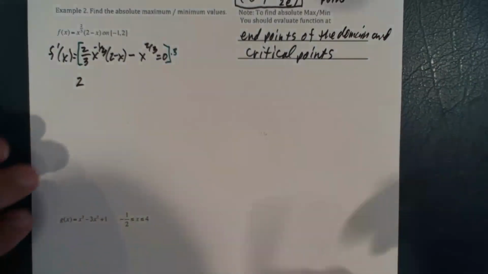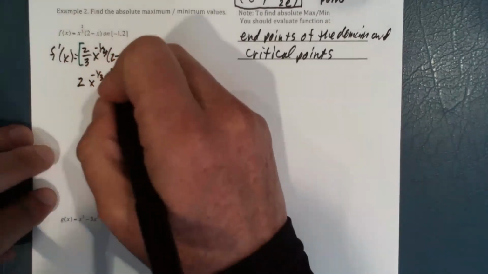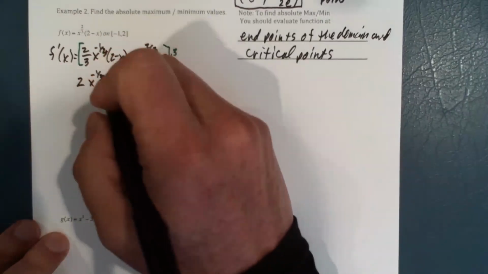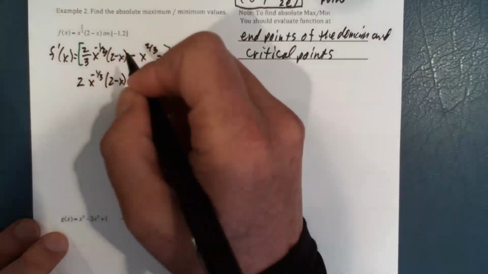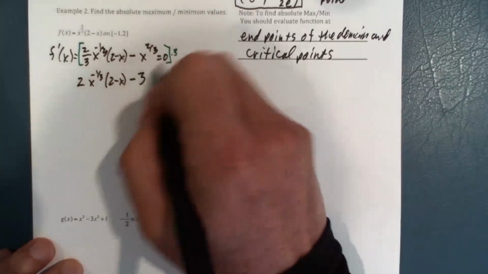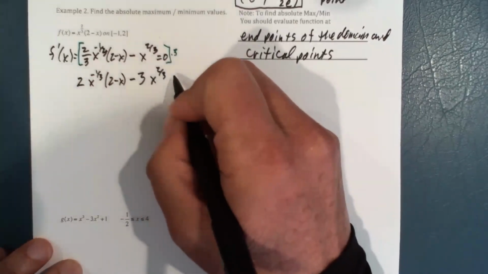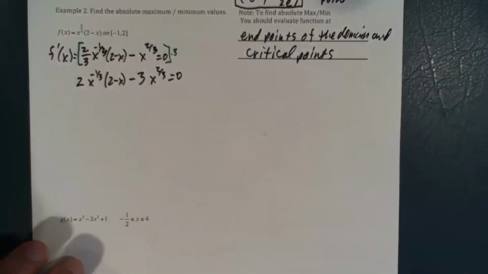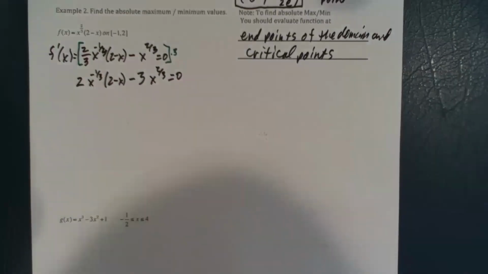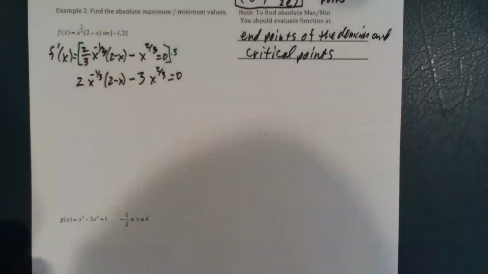This is going to be 2x to the -1/3 times 2 minus x minus 3, because I multiplied through by 3, x to the 2/3. Again, equals 0. I'm going to factor out an x to the -1/3. Now, that's going to be as though I were dividing by a 1/3 there.